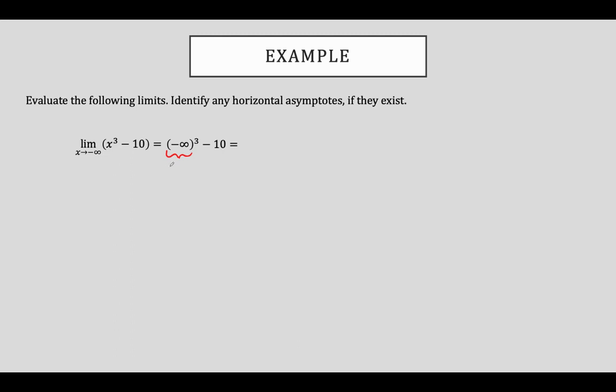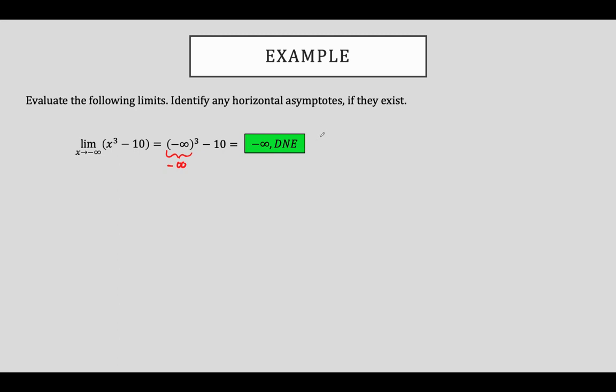When I cube a negative, I get out a negative, and that will result in negative infinity in this case. I still have an infinitely large in magnitude negative number. If I take negative infinity and subtract 10, I still have a really big negative number. Our answer here will be negative infinity, and because negative infinity is not a real number, we also specify D and E.